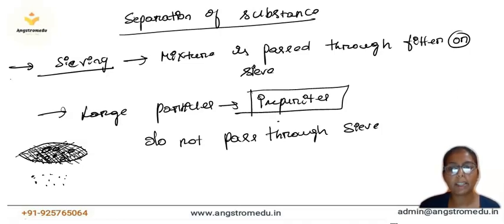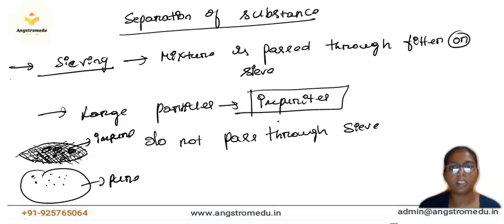The large particles remain on the sieving mesh. So this process can separate the impurities as well as the pure particles. This is the pure, and this is the large particle, the impure. This process is known as sieving, and this is the sieving mesh.